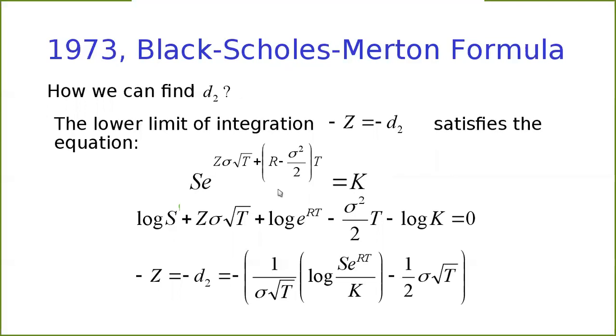And now we would like to find the moment where the market price equals the strike price. Market price we write like this according to our theorem. So we can solve this equation and find z from this.